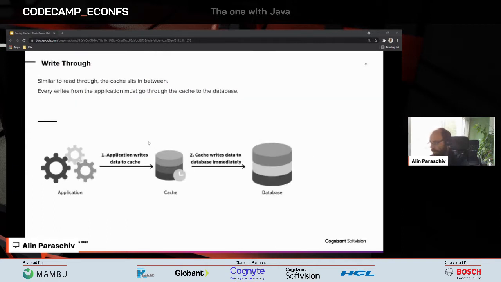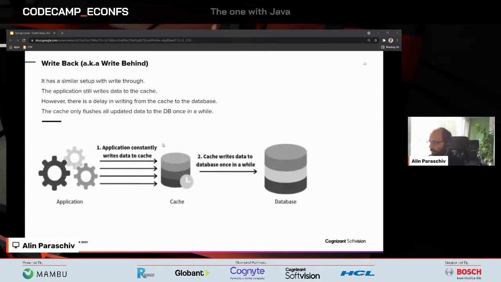Similarly, we have a write through when we want to write something in the database. So first of all, we check the cache. Then, we're going to write the data immediately in the database, and afterwards it will be updated in the cache. That's the write through.